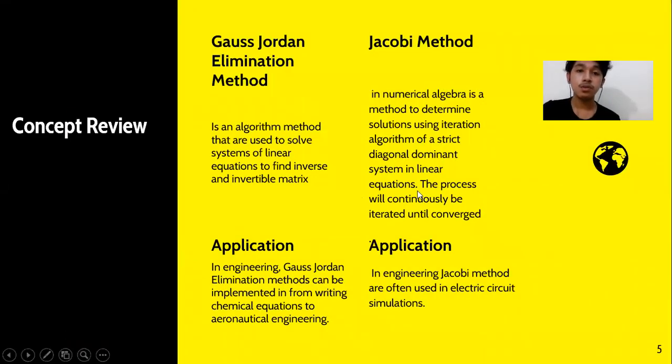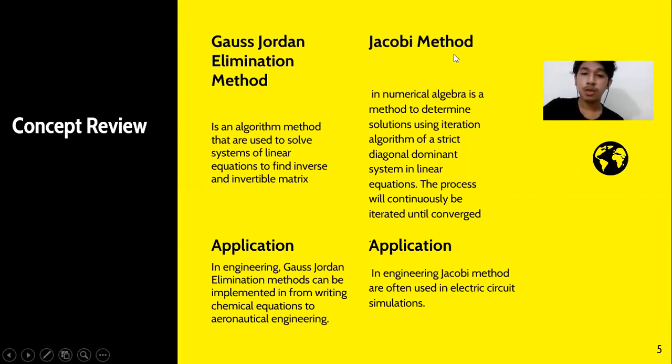So about those methods, I would like to also explain the Gauss-Jordan elimination method, which we use when we solve systems of linear equations to find the inverse and invertible matrix. We find this application in chemical equations to aeronautical engineering.